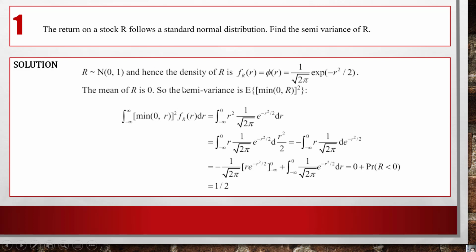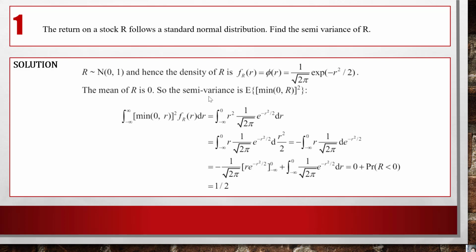See that? So we are going to use integration to evaluate this expected value. We got the integration from negative infinity to infinity of the minimum between 0 and R, whole squared, times the density function. And don't forget that for semi-variance we focus on the negative deviation, so the positive deviation will disappear.